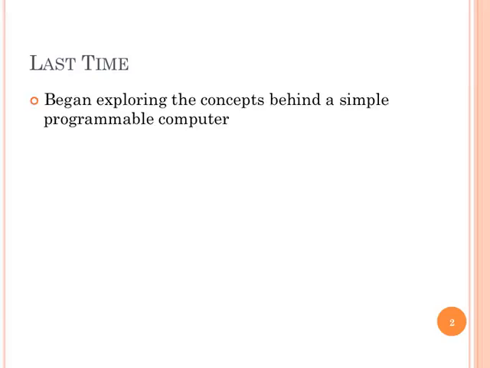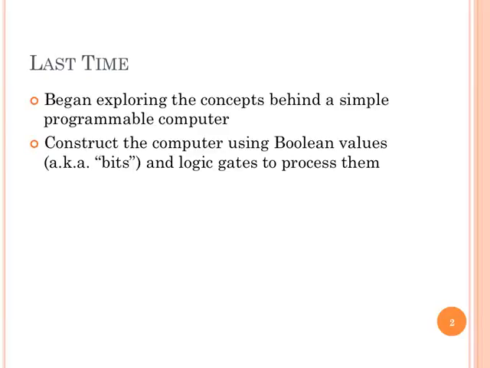So last time we started talking about some of the fundamental concepts or principles behind a programmable computer. And what we're going to do today is actually go through the process of constructing a computer that we can actually program. So we have to have some data representation, and we talked about Boolean values or bits, zeros or ones, and using that representation to do things like arithmetic.